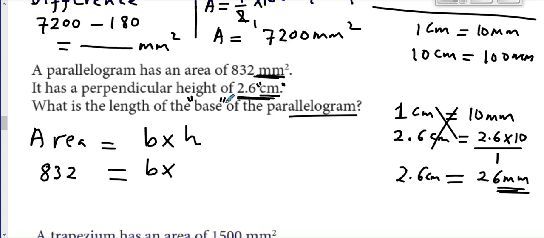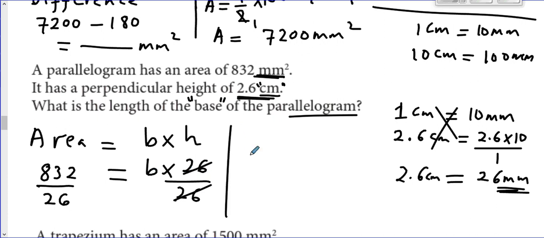H is the perpendicular height, which is given 2.6, but we got it as a millimeter. That will be 26. Now to find the value of b, you need to divide by 26. You need to divide by 26, and then this will cancel.